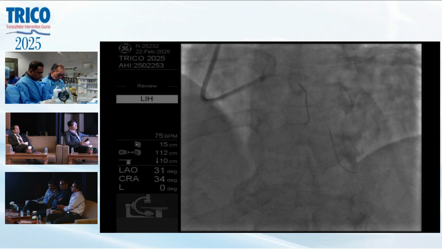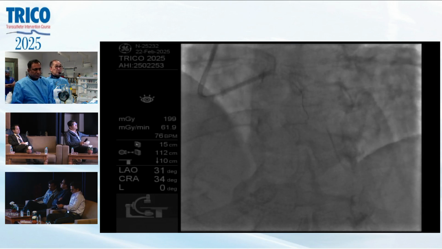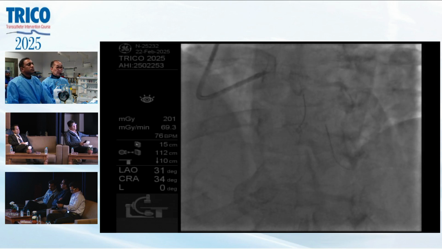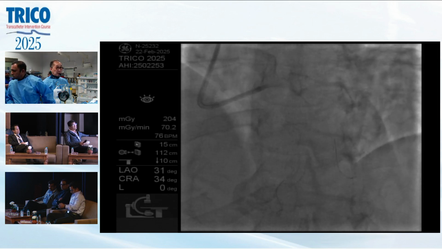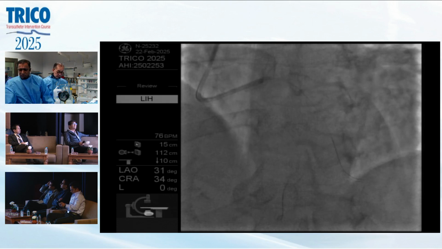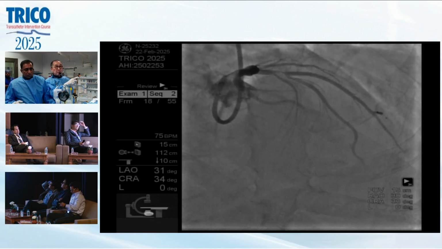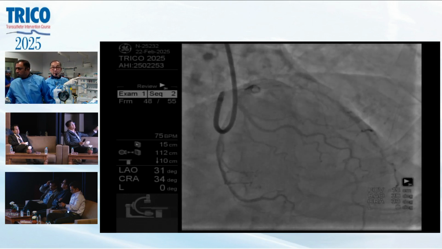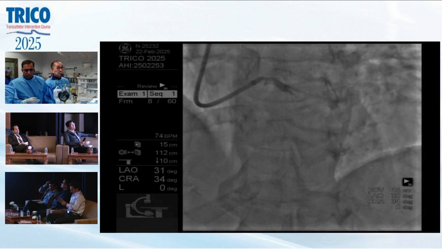Whatever you want to call it, both vessels are really similar in size. So these are LAD. Let's put a balloon. I like the balloon first, and then we can get imaging. Then we decide what is the next step. Can we show the aerial view from before?